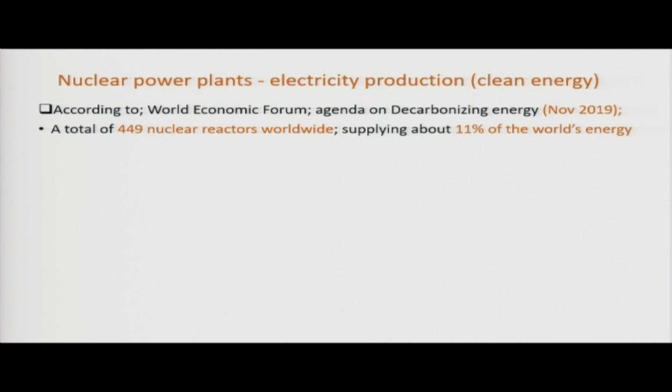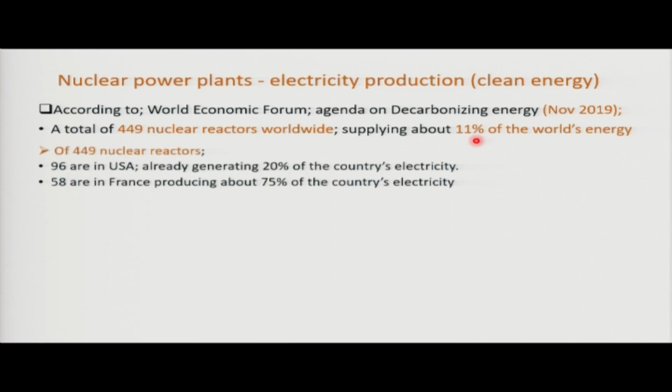Yes, currently, many countries are shifting from hydroelectric power to nuclear power. Actually, as of November 2019, the World Economic Forum published an article about decarbonizing energy, and they found there are about 449 nuclear reactors in the whole world, which supply 11% of the world's energy.